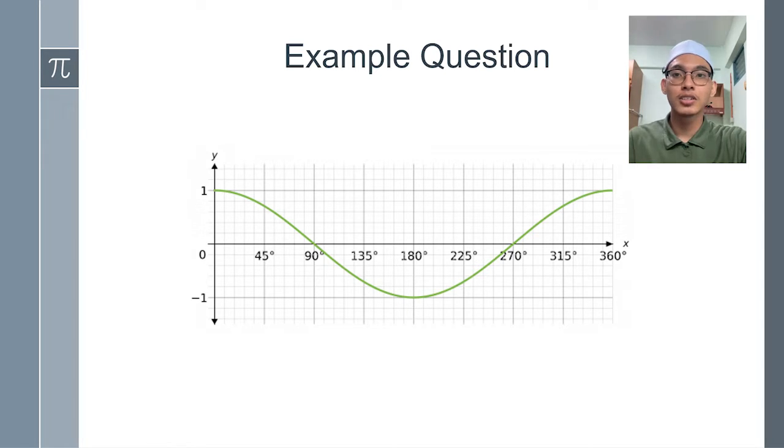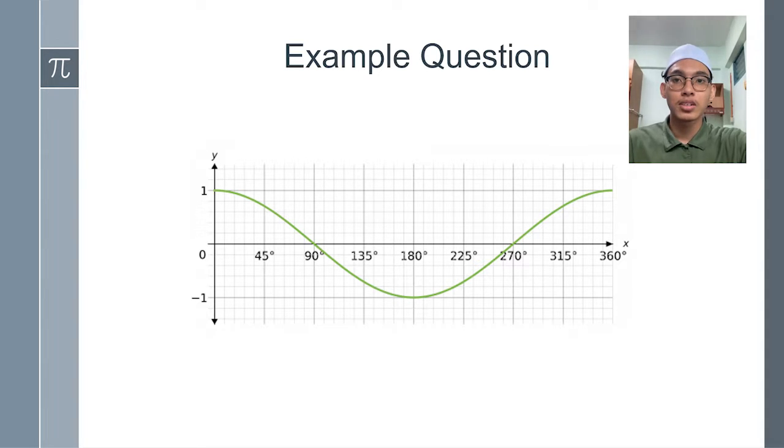The key features of this graph you need to remember: number 1, the peak is 1 and occurs at 0 degrees and 360 degrees. Number 2, the minimum is -1 and occurs at 180 degrees.